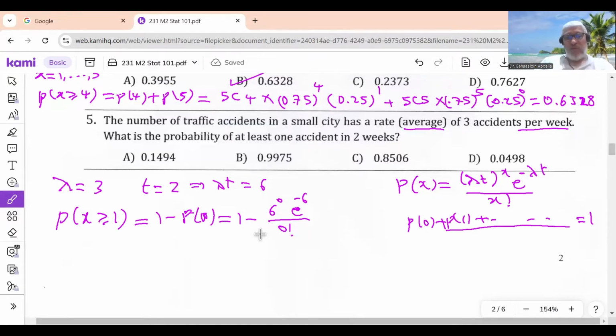So if you know these two facts, you can write it 1 minus e to the power negative 6. This will simplify things for you. Put it in the calculator and find 1 minus e to the power negative 6. You will find that the answer is 0.9975. So the correct answer is B.